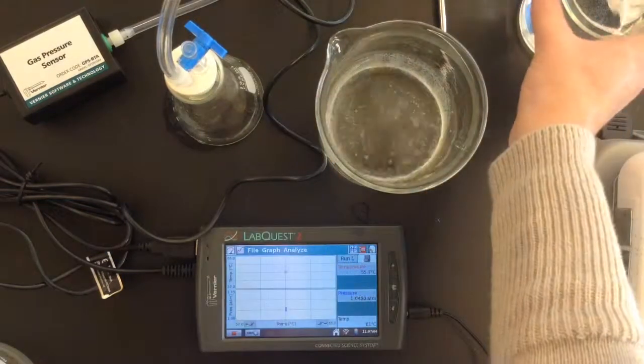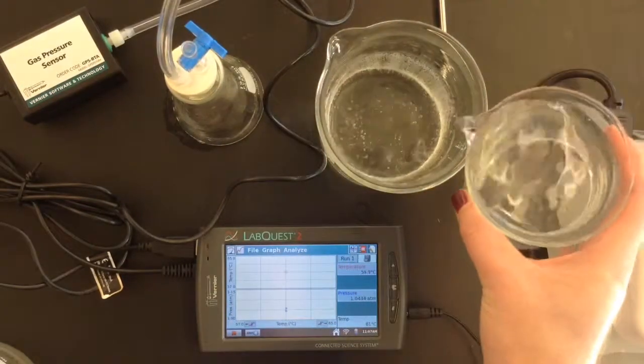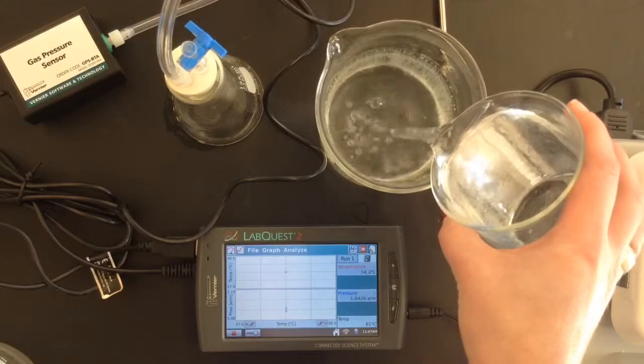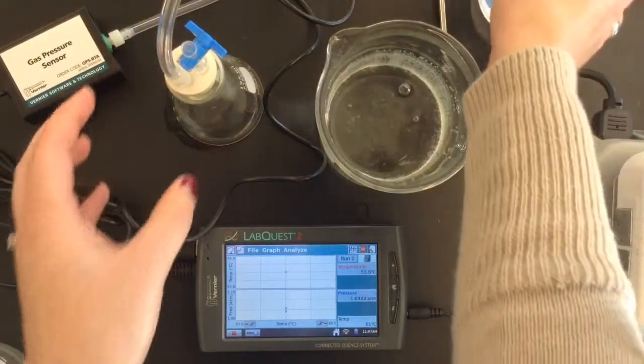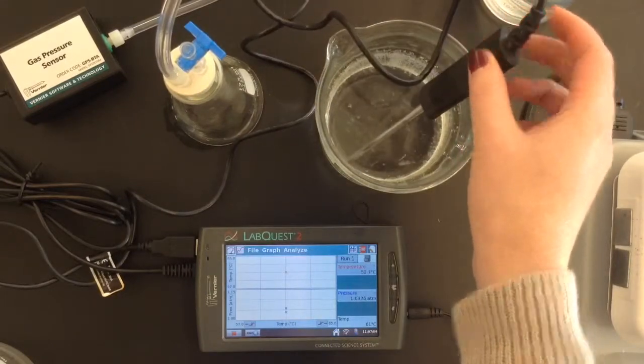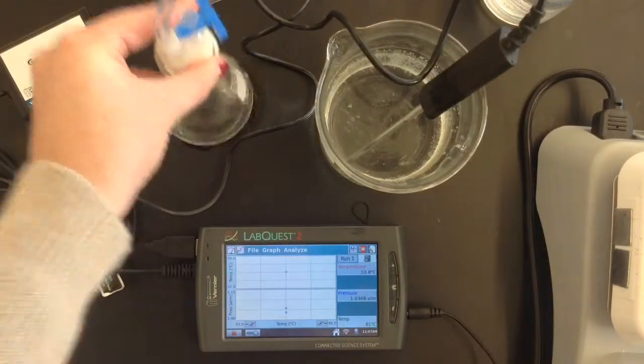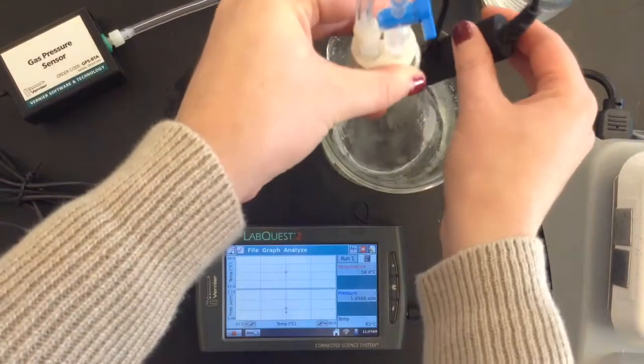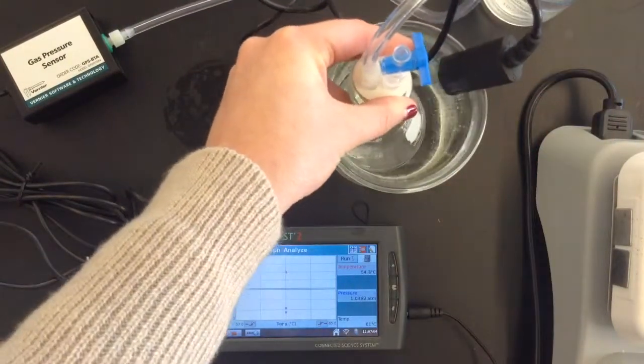And then I'm going to add some cold water. And then I'm going to put my temperature probe back in. And then I'm going to put my Erlenmeyer flask back in.